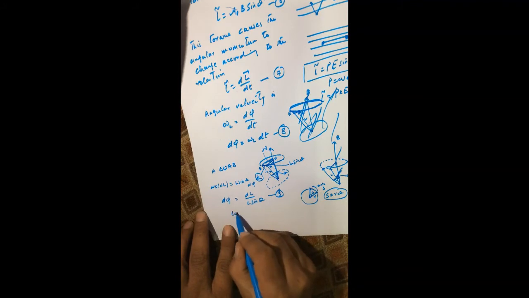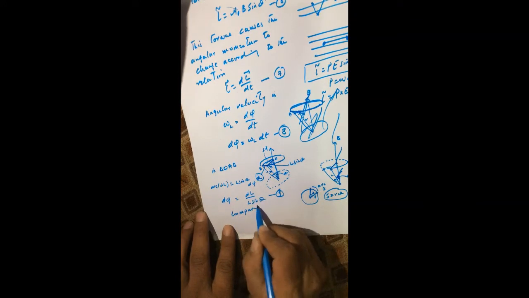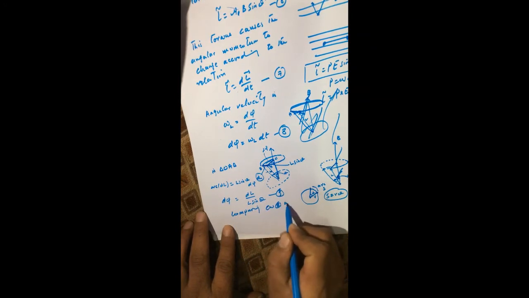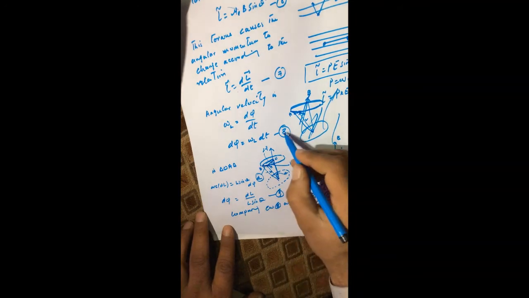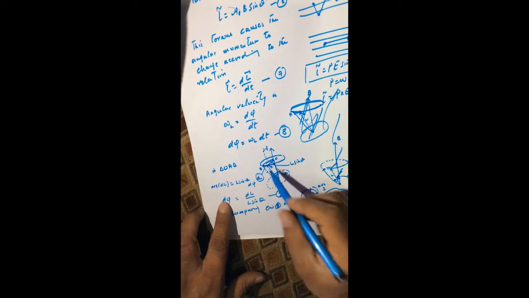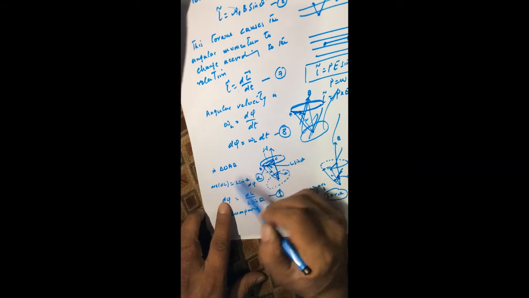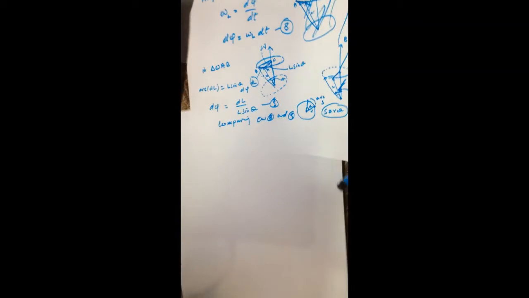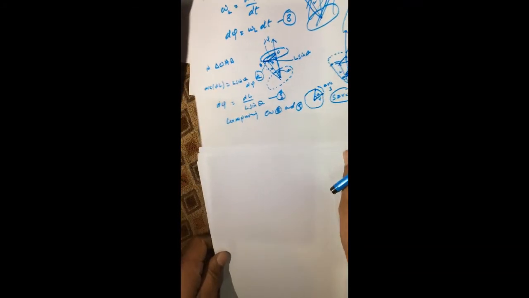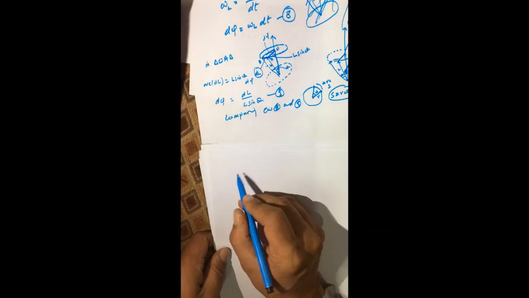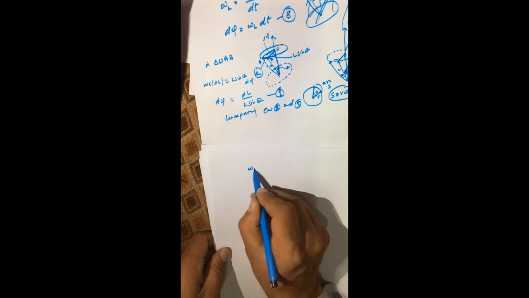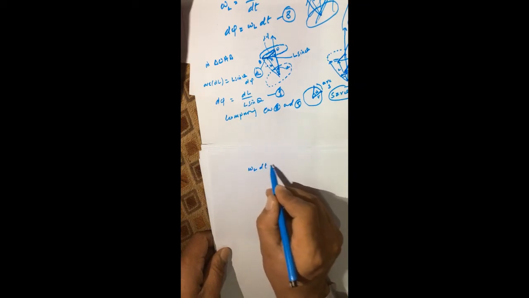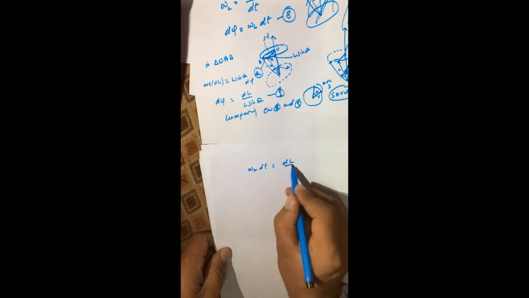Now comparing equation 8 and 9, we have equation 8 is this one, and equation 9 is this one. The left hand sides of both these equations are the same. So if we compare both these equations, we get omega L dt is equal to dL over L sin theta.